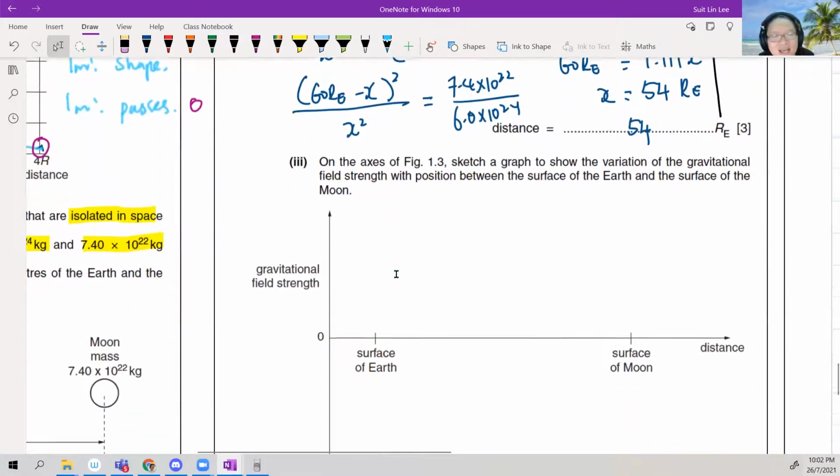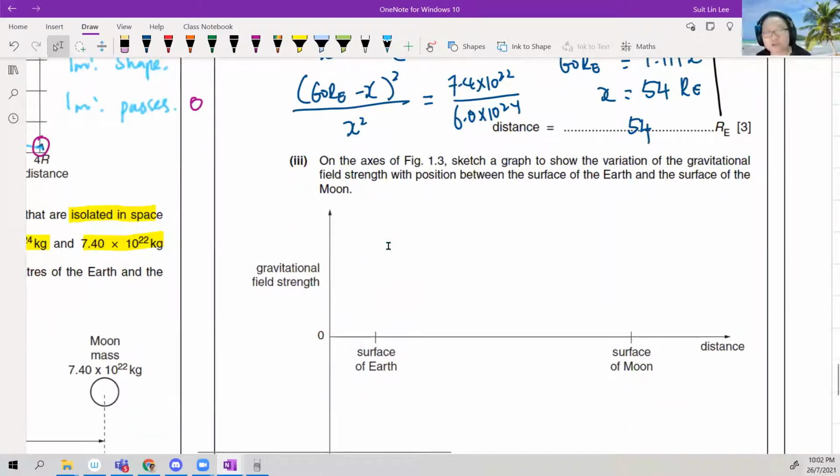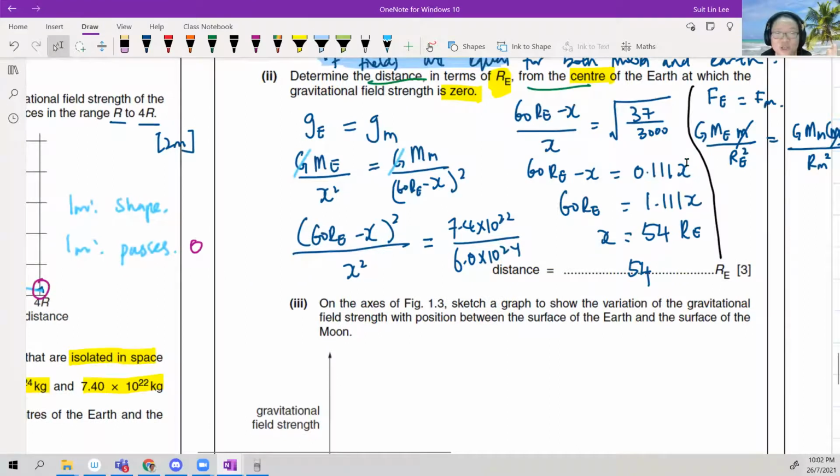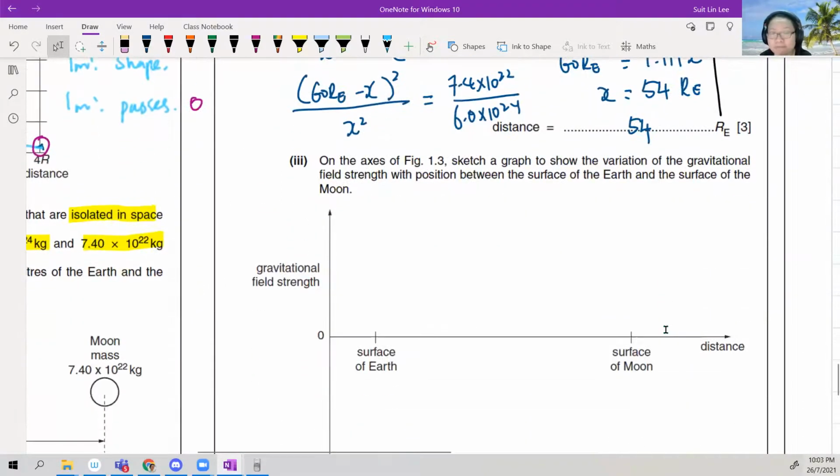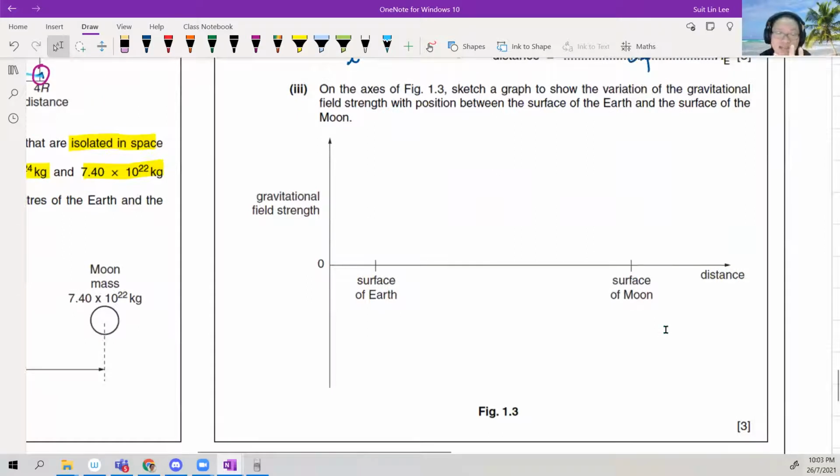All right, anyway, last part, time to sketch. So you see, we calculated, we explain, we define, now to sketch. Questions will normally include at least 3 of these skills. We are going to show how the gravitational field strength between the surface of the Earth and the surface of the Moon change.